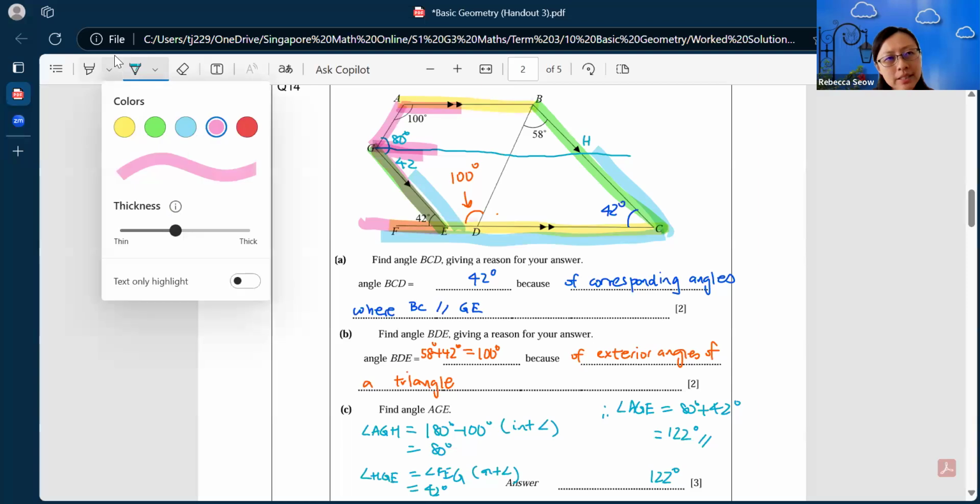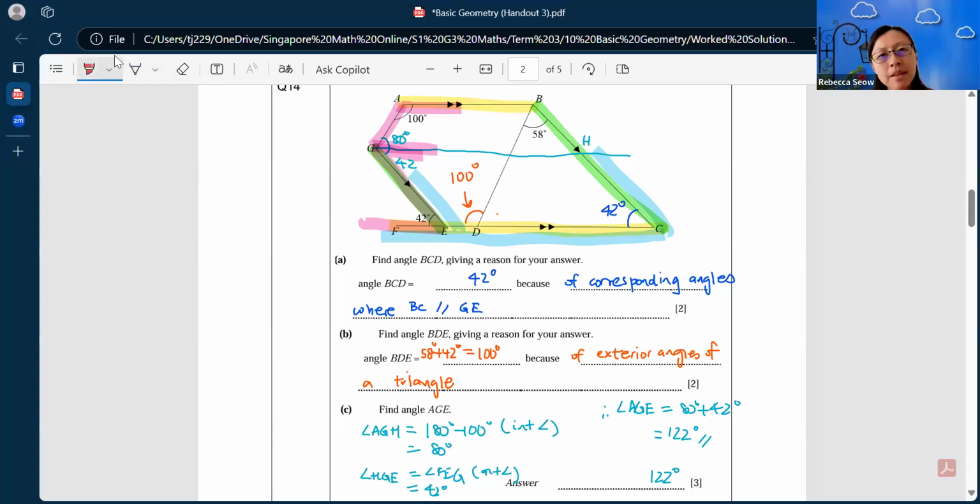Let's look within A, B. Okay, let's look within this particular shape. Okay, this particular shape over here. We're able to see that we could actually find this.